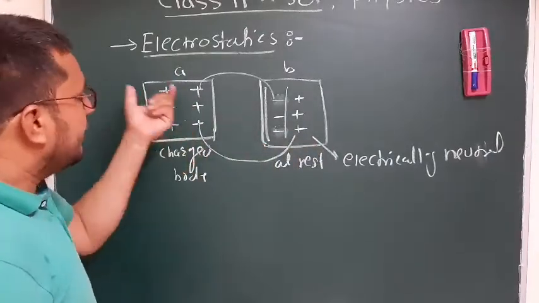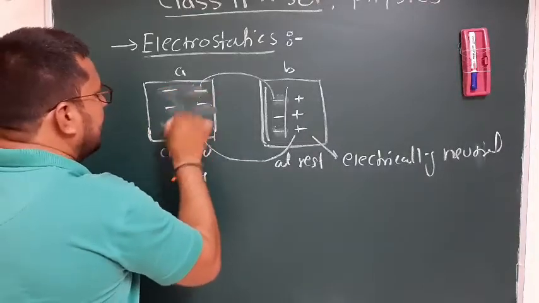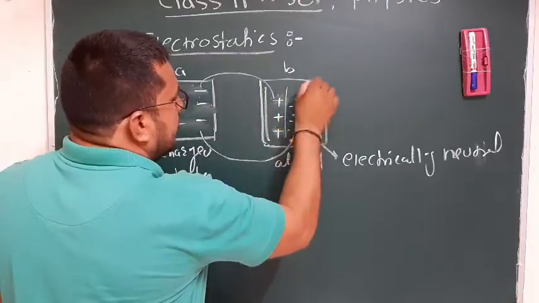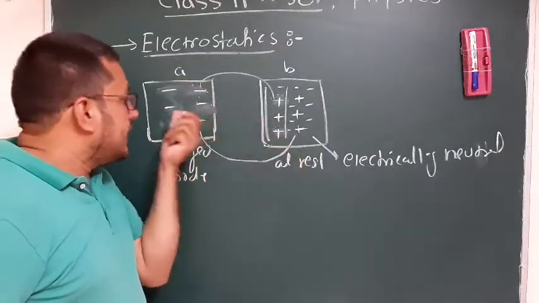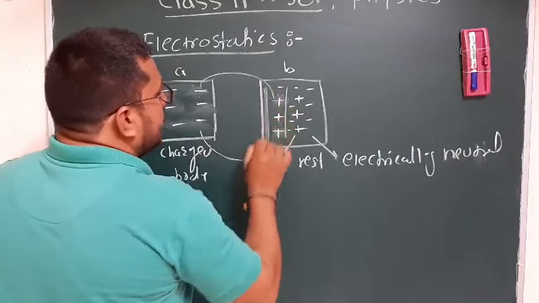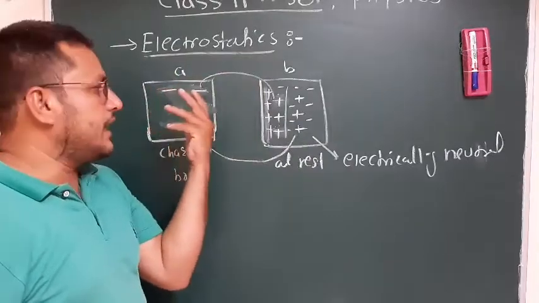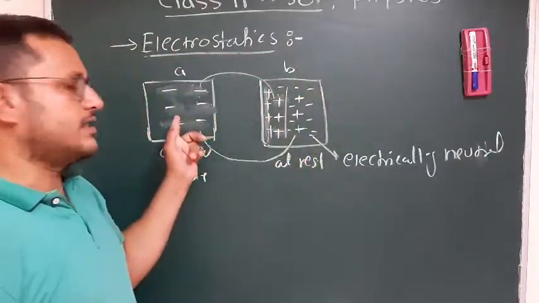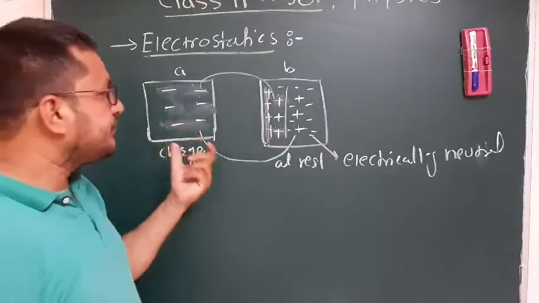Similarly, if we take a negatively charged body and move it towards this electrically neutral body, where negative and positive charges are distributed, we will see all the positive charges separate and move toward the negative charge, and the negatives move away from it. Because like charges repel and unlike charges attract.